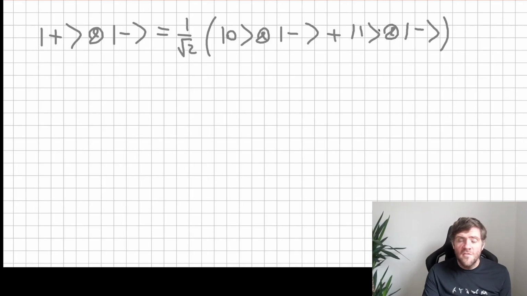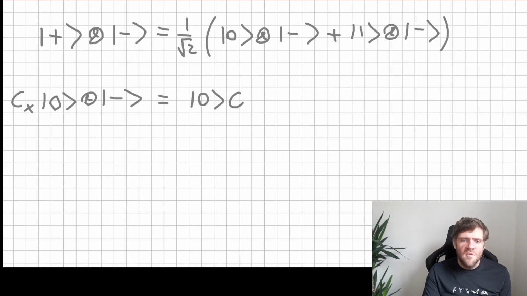So we can look at these two states individually, and we find that 0 tensor producted with minus, when we apply a Cx to it, if we follow the same steps as before, we will find that this can be expressed as 0 tensor producted with minus. And this shouldn't be too much of a surprise because, of course, the control qubit's in the state 0, so nothing should happen.